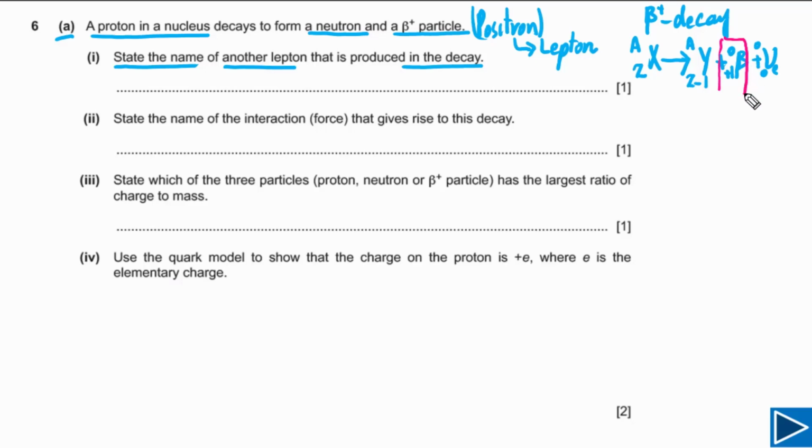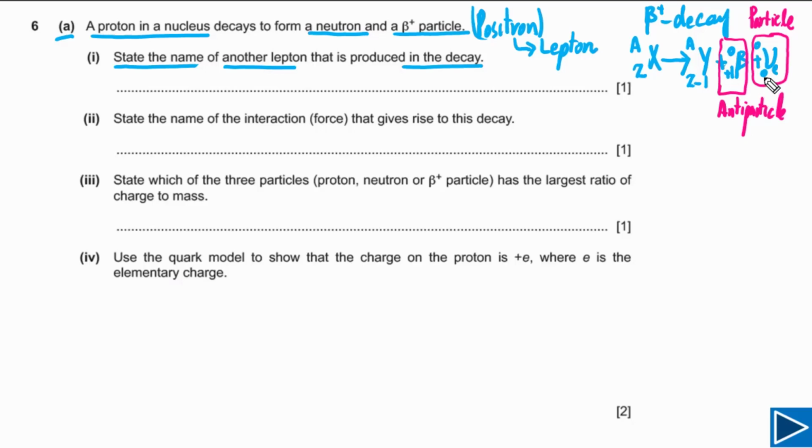If this is an antiparticle, meaning if this is a positron, the antiparticle of the electron, then this one has to be a particle, meaning a neutrino. And vice versa is also true. If this is a particle, meaning if this is an electron, this one has to be an antiparticle, meaning an electron anti-neutrino.